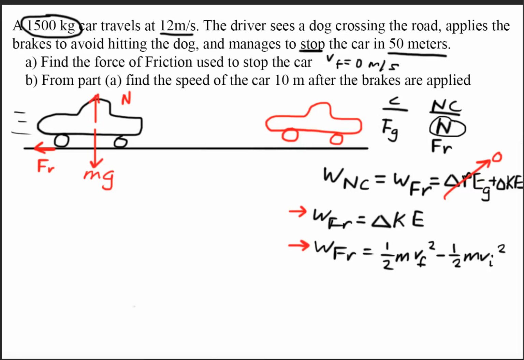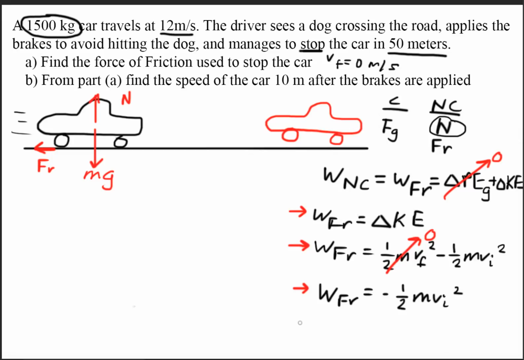We said that the final velocity is 0 meters per second, and that's because it comes to a complete stop. Therefore, we can say this equals 0. So we can cancel this part of the expression. So if we continue to further write out this equation, we can say that the work of friction is negative 1/2 mv initial squared.